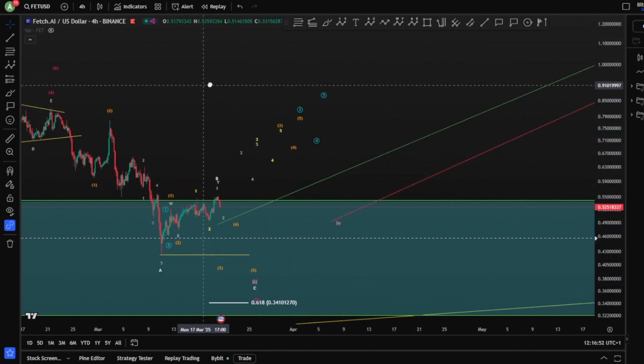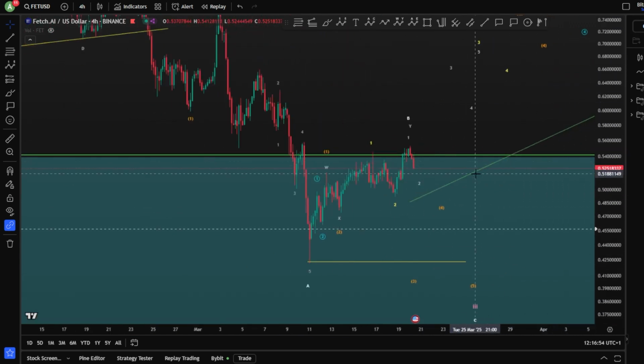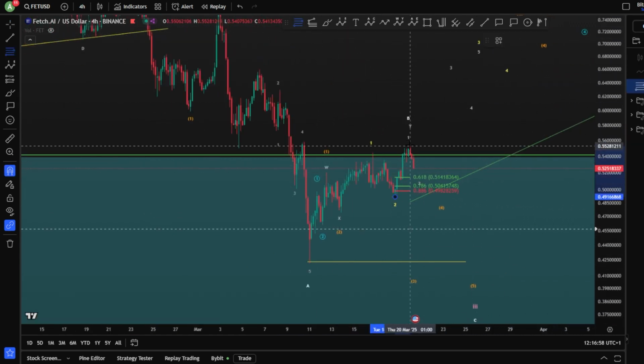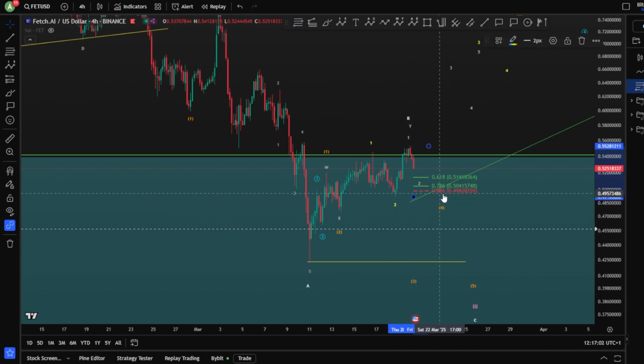Now, what are the key levels, guys? Key levels are the following. In this last wave 1, 2, if we move to the 886 and we break it, there is a higher potential that we're moving toward the downside.